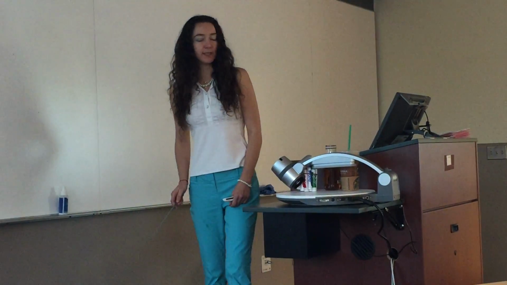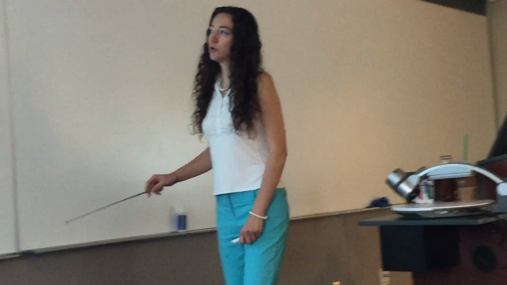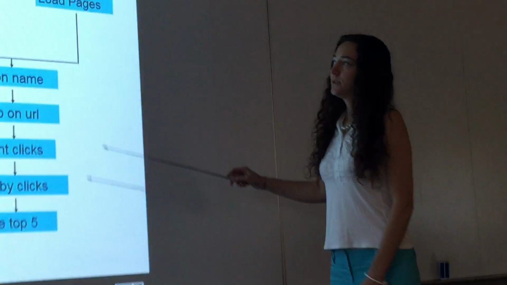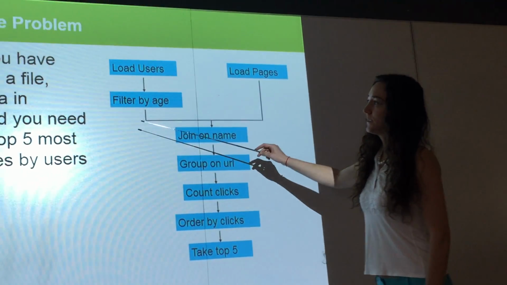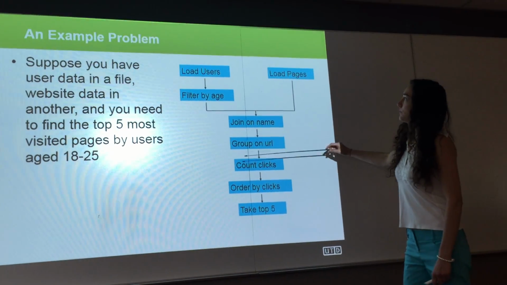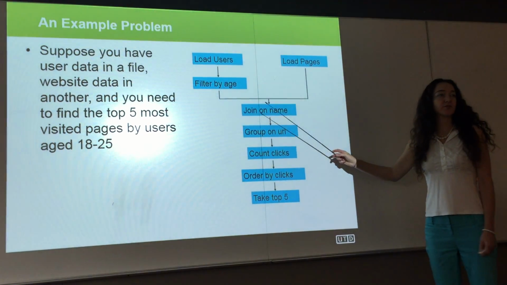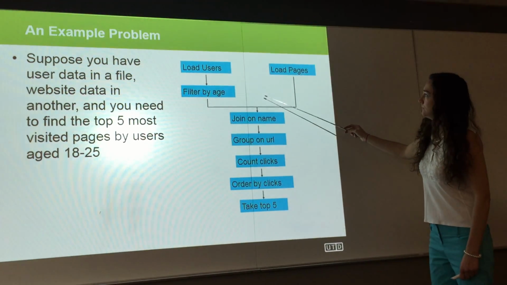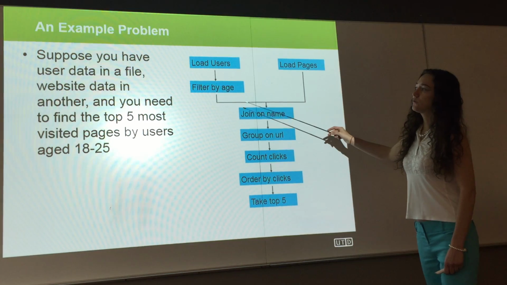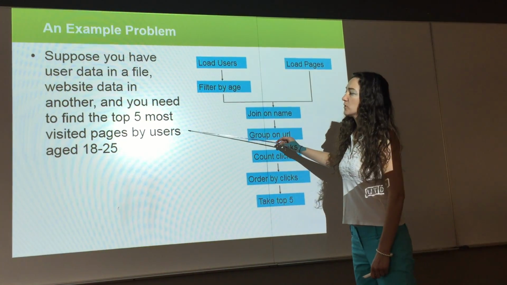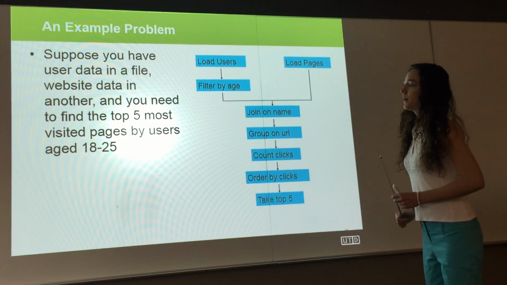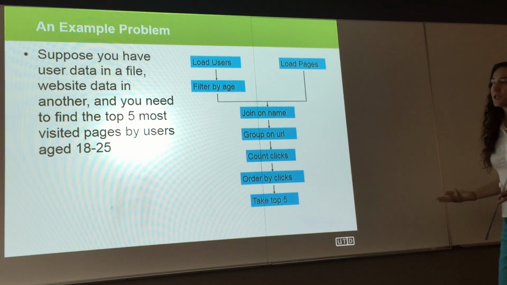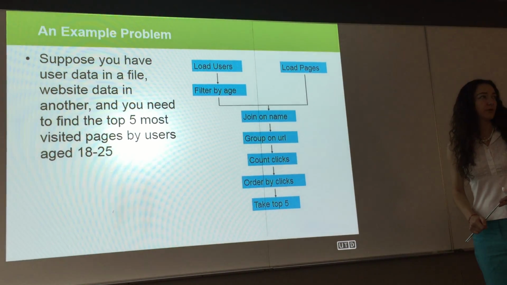So we mentioned that it provides this group by and join operator. So if we have user data in a file, let's say the file is about users using websites. So what kind of websites do they go to? And we want to find the top 5 most visited pages by users that are of a particular age, in this case 18 to 25 years old.